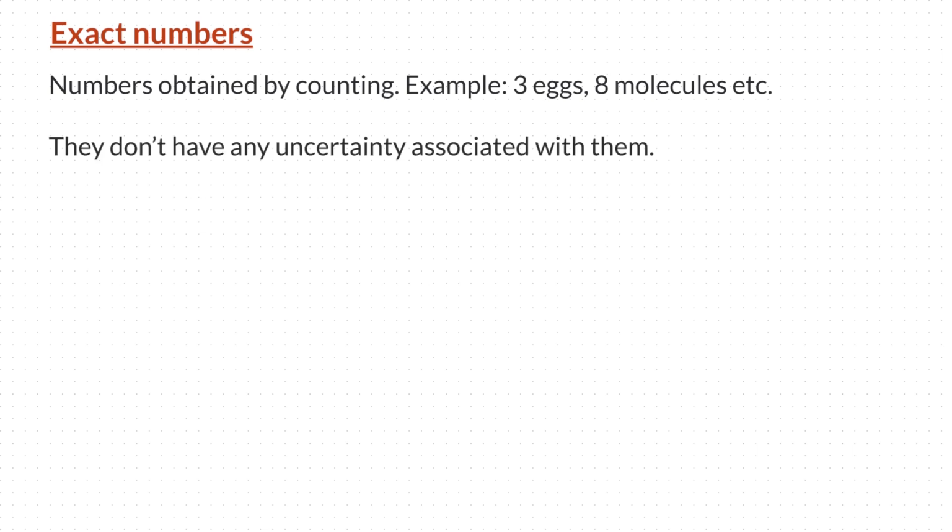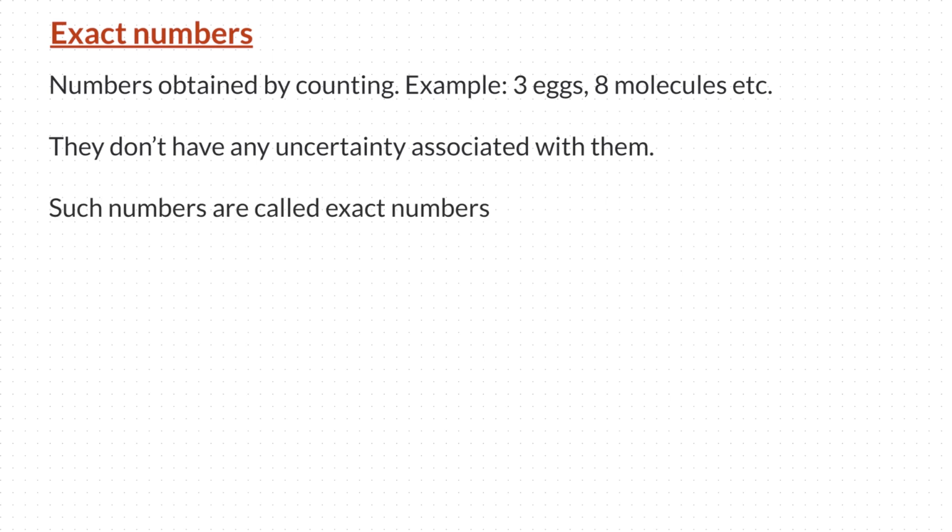In this slide, we are going to introduce a new term called exact numbers. Oftentimes, when we are doing experiments, we may use numbers that were obtained by counting, that is, without any use of a measuring device. For example, we counted 3 eggs, 8 molecules, 4 pencils, etc. These numbers do not have any uncertainty associated with them. That is, no matter who counts, it's always the same number.